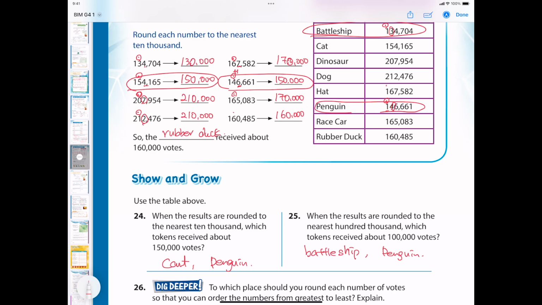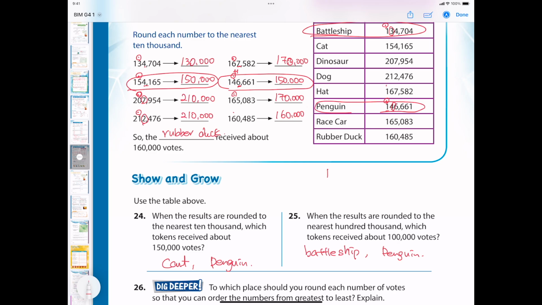Yeah, dog. Okay, so we can compare the 100,000s place and the 10,000s place, and what about the thousands place? When you round to the 10,000s place, we have two numbers, and we cannot compare which is the least.